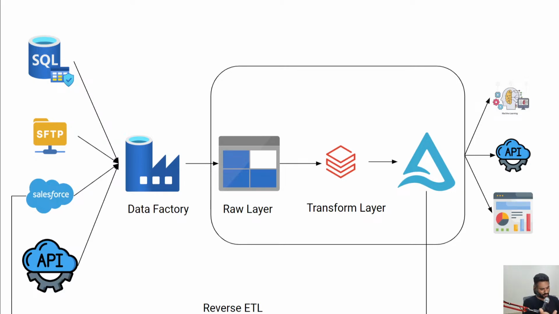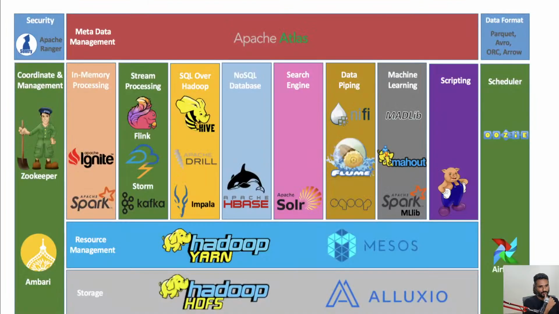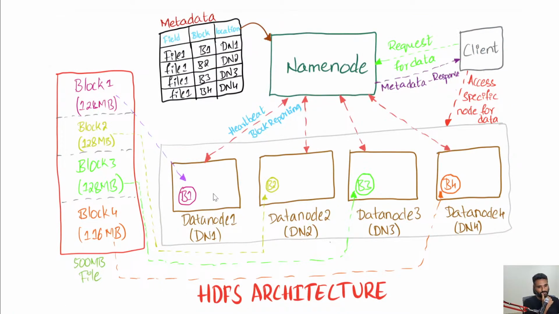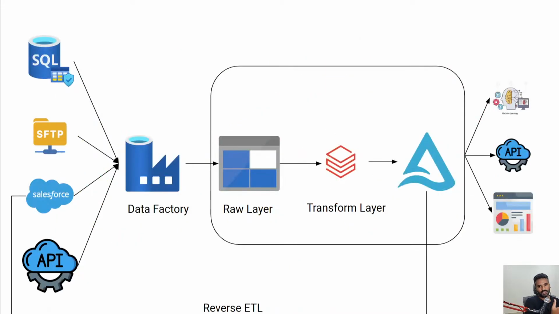So in a Hadoop cluster, what really happens is you will use your data nodes to store the data for the raw layer, your transform layer, and even the serving layer for most of the times. But in cloud-based storage, right, the storage architecture changes. It is pretty much different from what you see in a Hadoop architecture.